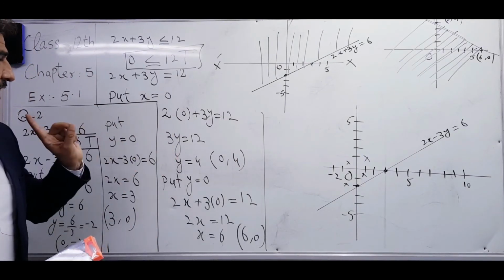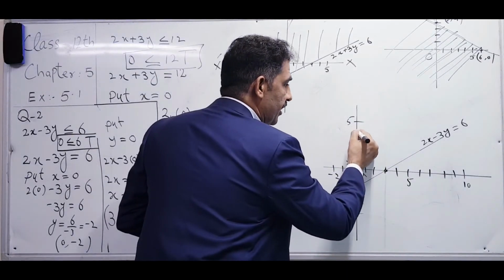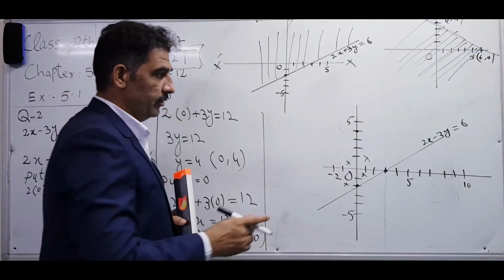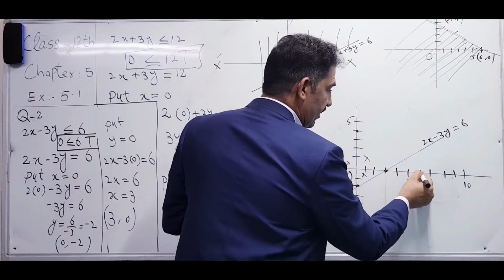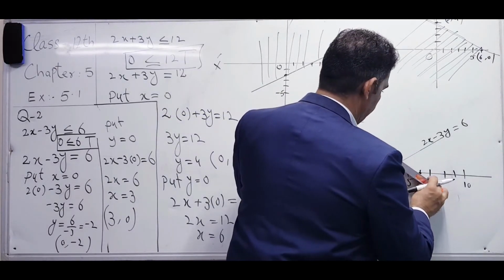What is the next line? Ordered pair 0, 4. That point is 0, 4. Okay? And 6, 0. And 6, 0 is this point. So we have to draw a line first.